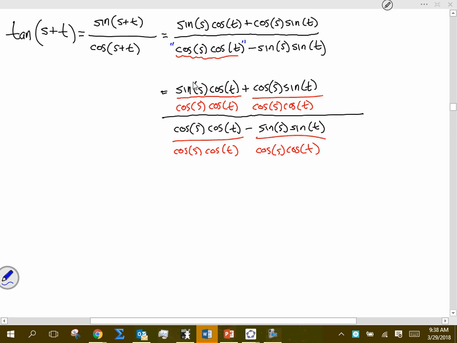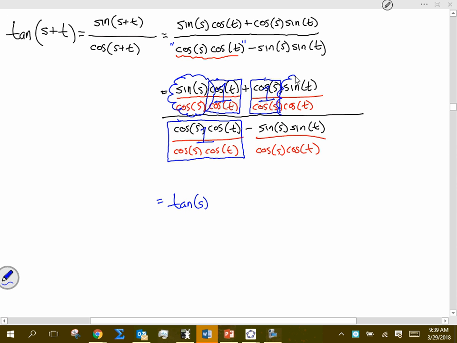Okay? One of the nice things that happens is that turns into what? It turns into 1. What does that turn into? 1. What does that turn into? 1. Okay. Now, we got a bunch of 1s there, but what does that become? Tangent, and it's tangent of S, right?